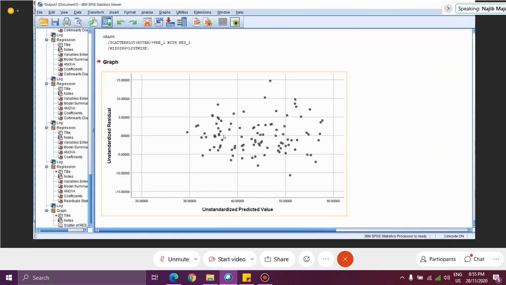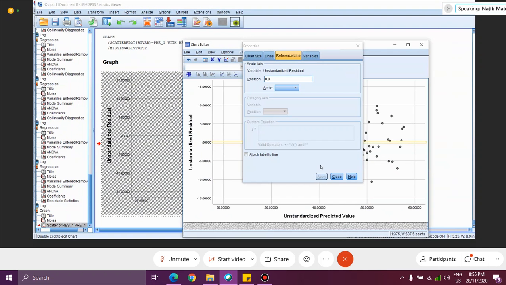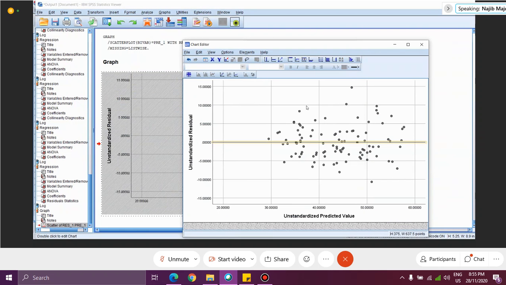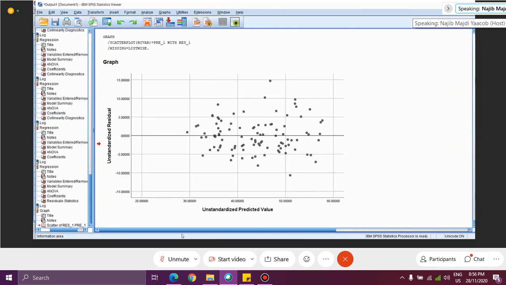Okay, so based on this plot, you don't want any peculiar shape. All the dots need to be randomly scattered around the zero line. Okay, no peculiar shape. Then you can say that the assumption of overall linearity and the assumption of equal variance are fulfilled.